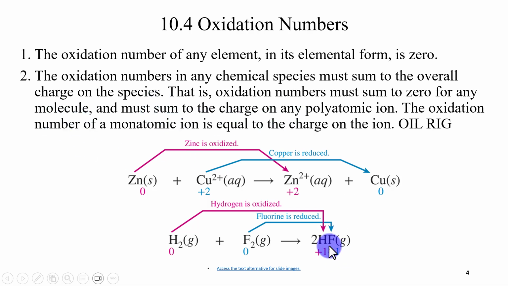And +1 - 1 gives me 0. Not only that, but the charges on both sides have to be equal. If I have a 2+ on this side, I have a 2+ on that side. That is equal. Here the overall charge is 0, and on this side is also 0.